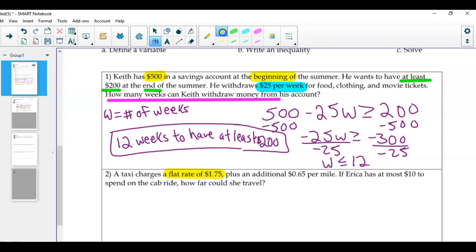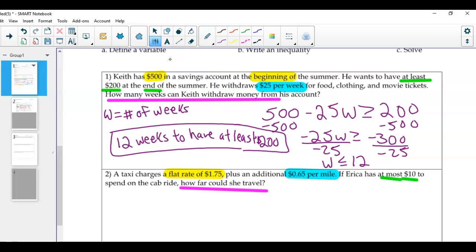If she doesn't go any miles at all, like she asks to go around the corner, not even a mile, she would still get charged that $1.75. She's also getting charged 65 cents per mile. She has, at most, $10 to spend. And we're trying to figure out how far she could travel.